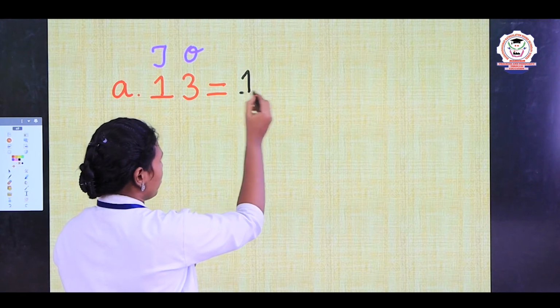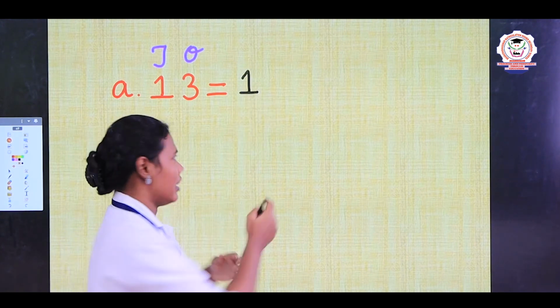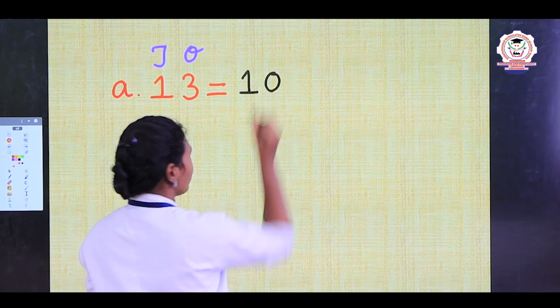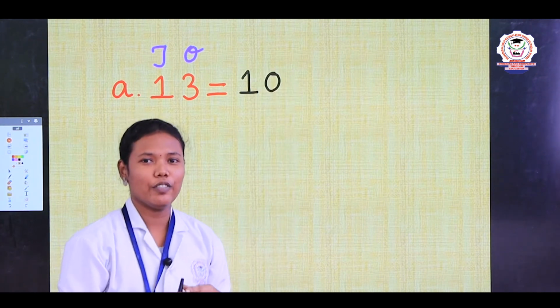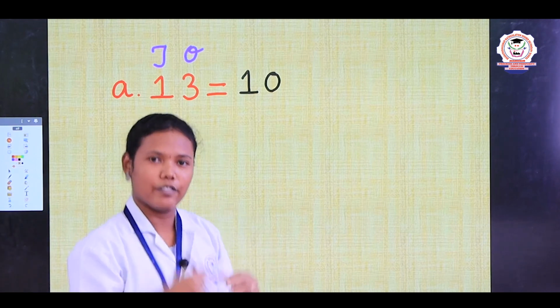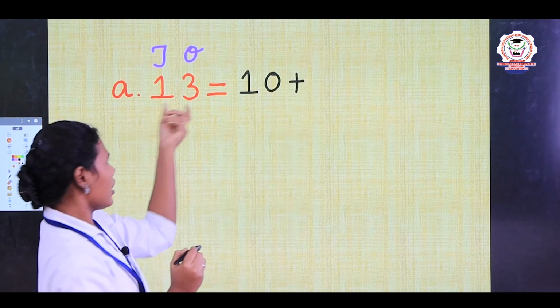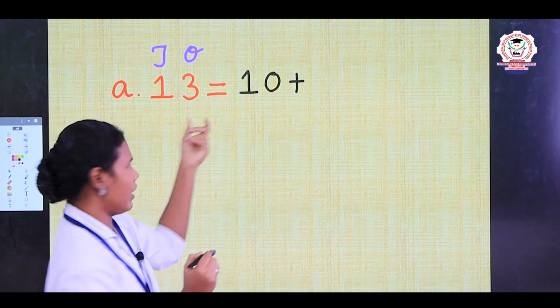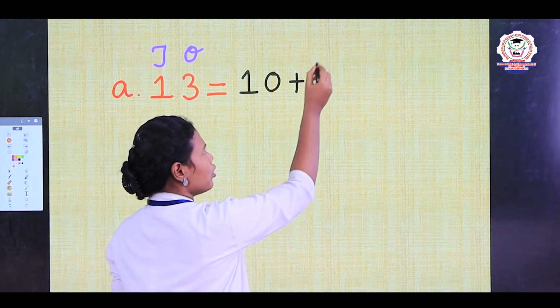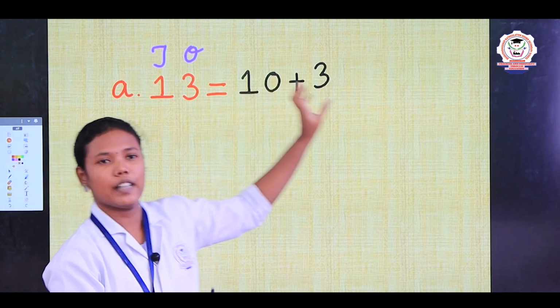So we take and write 1. How many zeros for tens? Only 1 zero, right? So add 0 to it. As I told you before, expanded form is addition. So put a plus symbol, and at last what is the next digit? Ones, very good. 3. So there are no zeros in ones. So as such we have to take and write it.